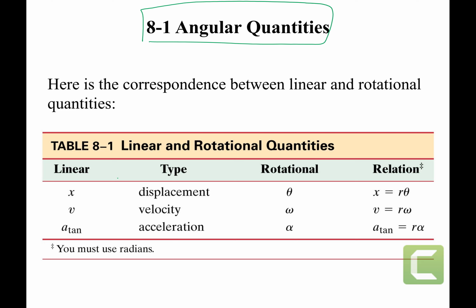This is showing the corresponding relationship between linear and rotational quantities. The linear quantity, delta x, is displacement, which we call x minus x naught, and its rotational counterpart is delta theta, which is the change in angular displacement, that means theta final minus theta initial.